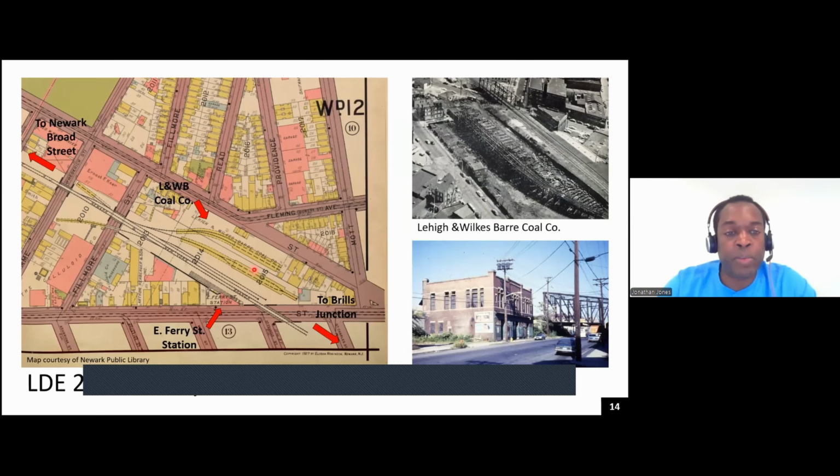And I thought that that was another really interesting contrast. You can see up at the upper right, this was the Lehigh and Wilkes-Barre Coal Company after a fire, unfortunately, in 1961. But you can see how this is all up on trestle work right next to the main part of the line, which was up on a heavy concrete embankment.